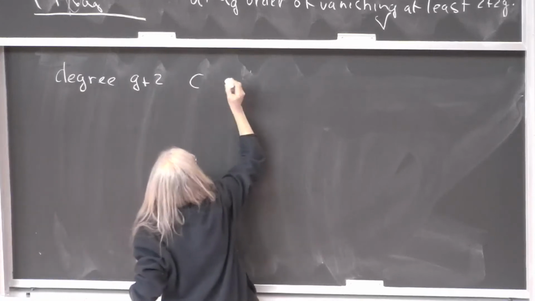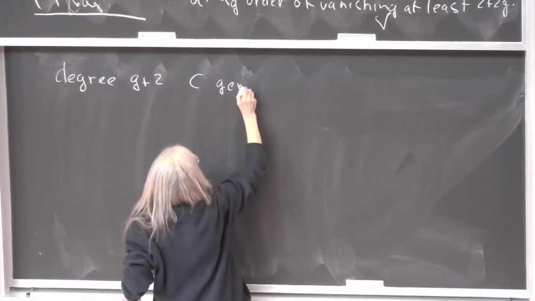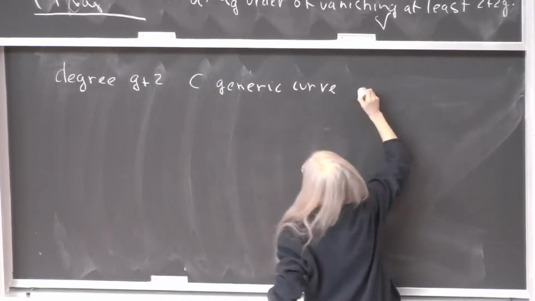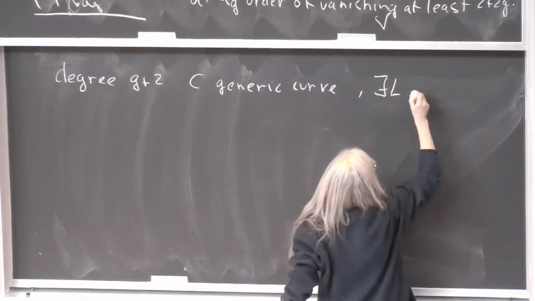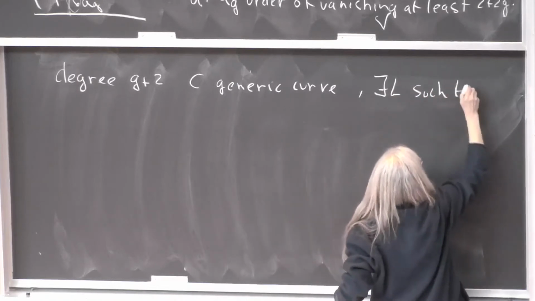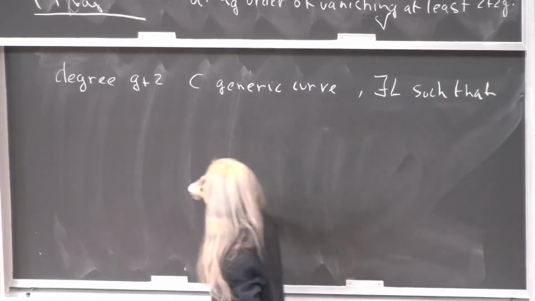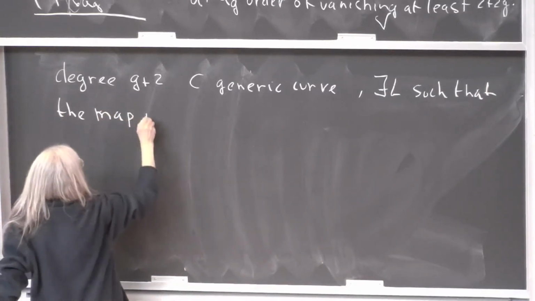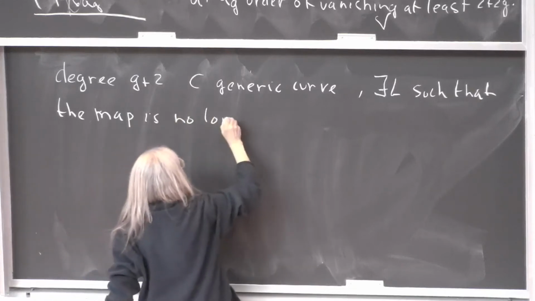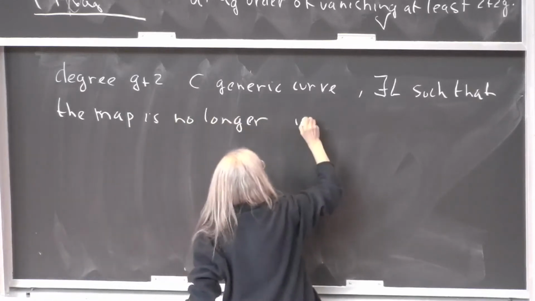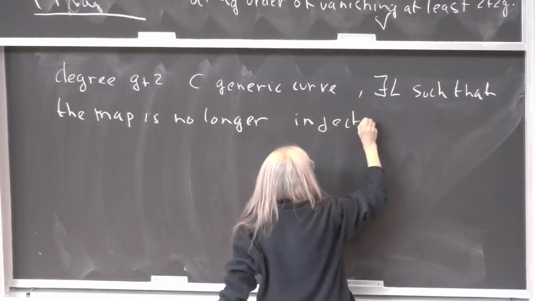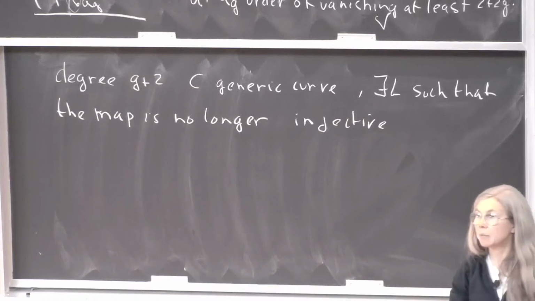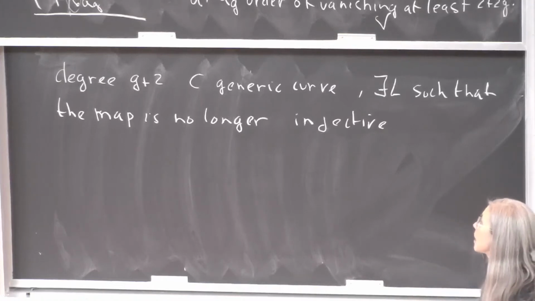So, for a generic curve, there exists an L such that the map is no longer injective. And I'm going to show you how I produce that L and how I get the map.